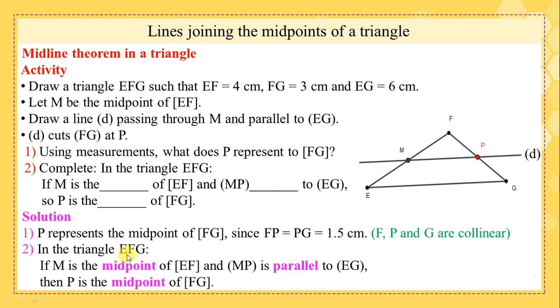In the triangle EFG, if M is the midpoint of FE, and MP is parallel to EG, then from part 1 we get that P is the midpoint of FG. So if M is the midpoint of EF and MP is parallel to EG, then P is the midpoint of FG.